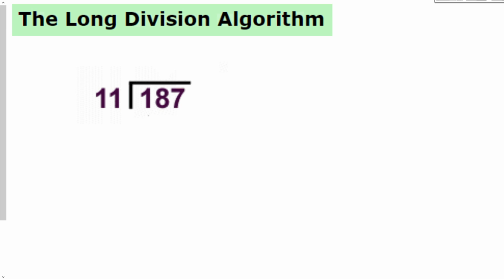So we're going to go way, way, way back to whenever you first saw this in 5th grade, 3rd grade, whatever. Okay, so let's remember how long division works step by step, and then we'll take the same steps and use them with polynomials. The first thing I do is I look at this first term right there. Can I divide what's outside into 1? No. So I look at the next two terms and I say, does 11 go into 18?